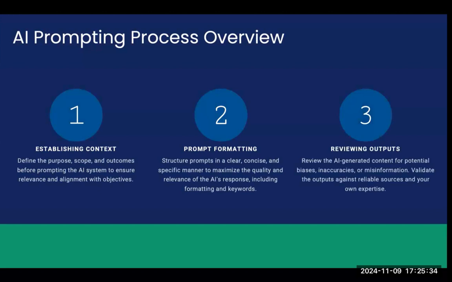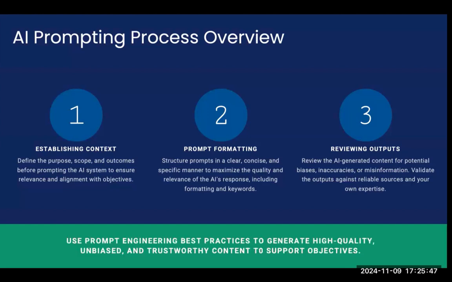And we also emphasize reviewing the outputs of AI-generated content so that we can scan for biases and inaccuracies. So using these prompt engineering practices to generate high-quality, unbiased, and trustworthy content is key in this course.